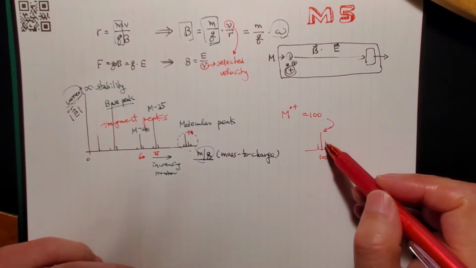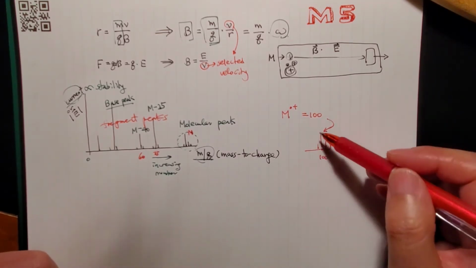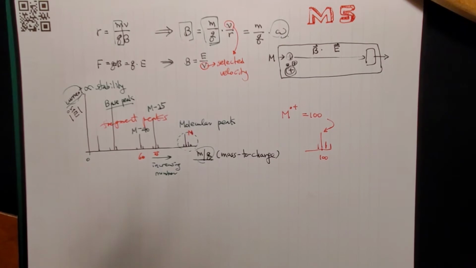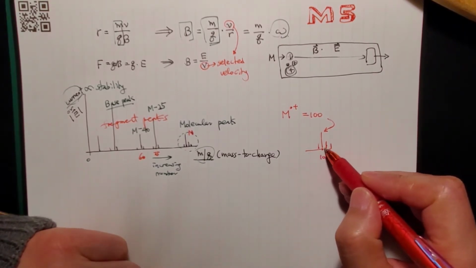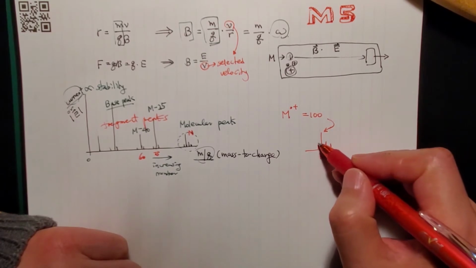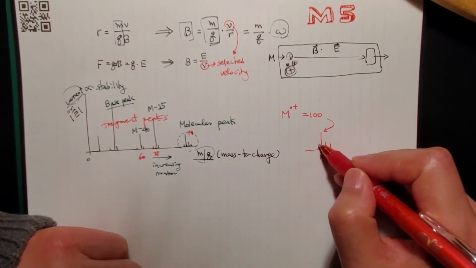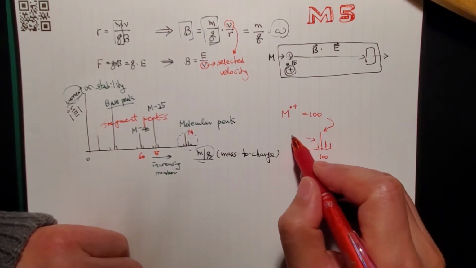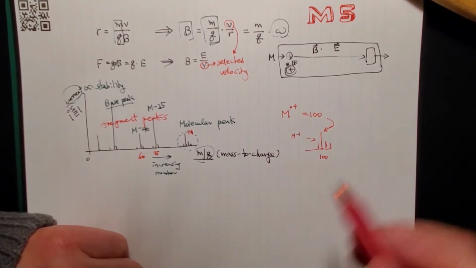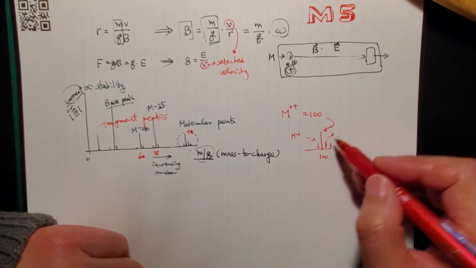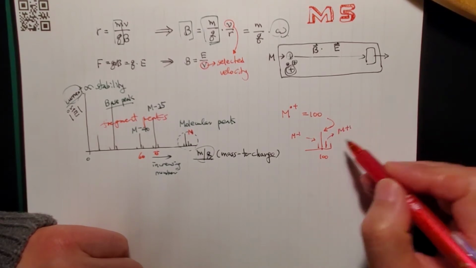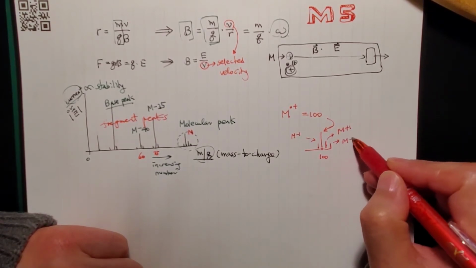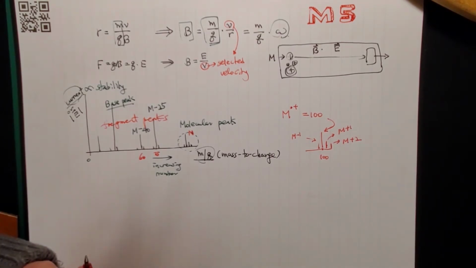Also, when you look at each group of peaks, you have these little peaks, so you can label these as well. Like this one here, 1 unit less, so M-1. Okay, this one is 1 unit greater, so M+1. This one M+2, and so on.